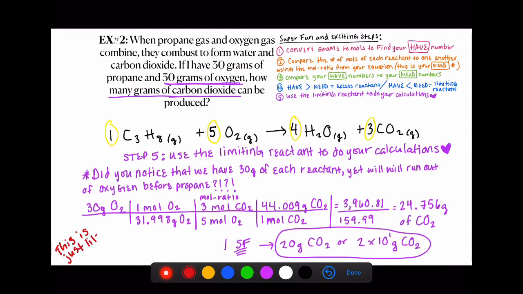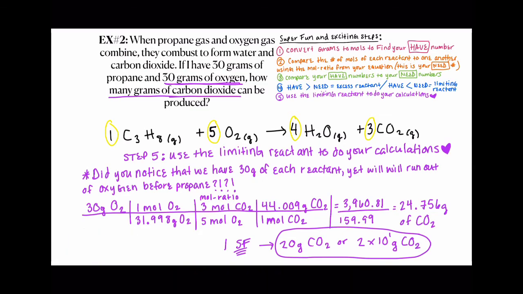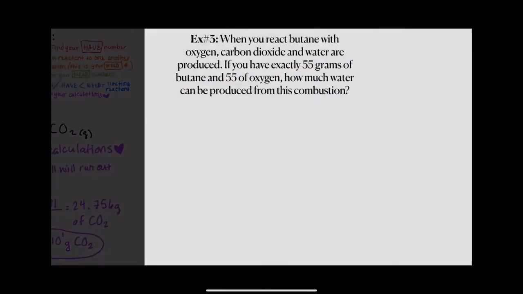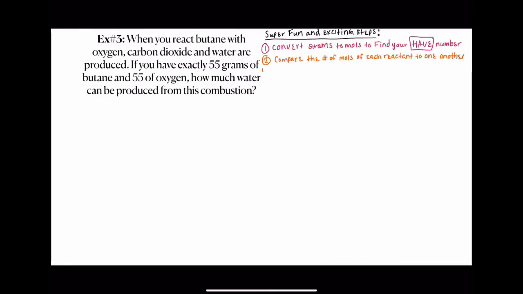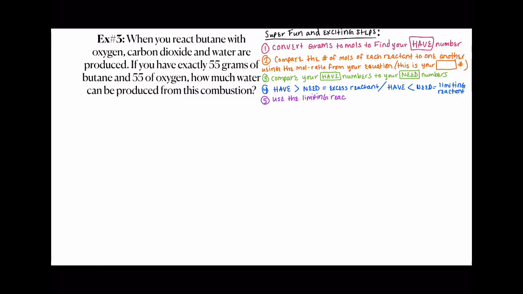I got that from my chemical reaction, 5 moles of oxygen and 3 moles of carbon dioxide. Those are the two things I'm comparing. I want to see how much carbon dioxide I can make from the amount of oxygen that I have. In this problem, we only have one significant figure, so you can write this as 20, or I'm sorry, 2 times 10 to the first.